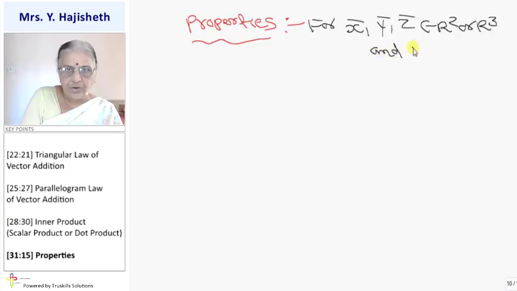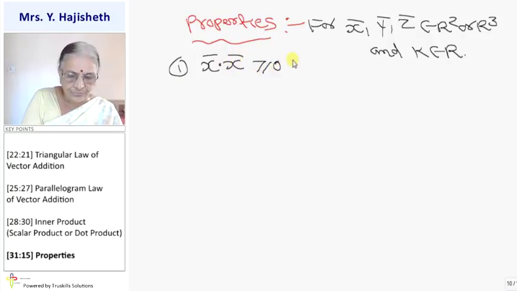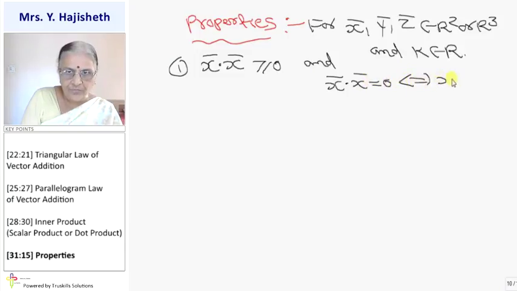And suppose k belongs to R. These properties are applicable for both R square and R cube. First property says x dot x is always greater than or equal to 0. And x dot x is 0 if and only if vector x is the null vector.